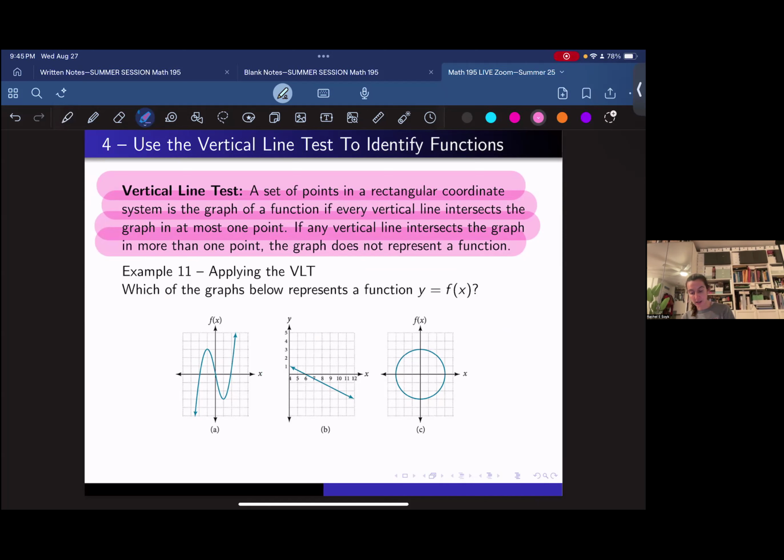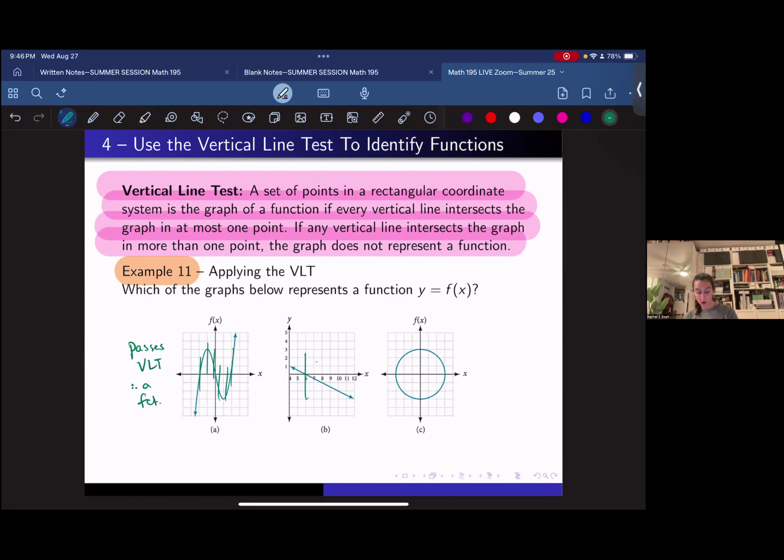So in our example 11 here, we want to apply our VLT to see if we have functions. In our first example, which happens to be a cubic function, it passes our vertical line test, and I'm actually gonna use green for it passing, right? So passes VLT, therefore a function.